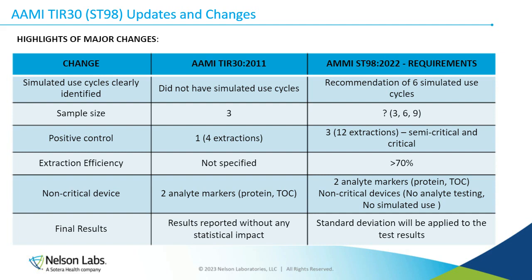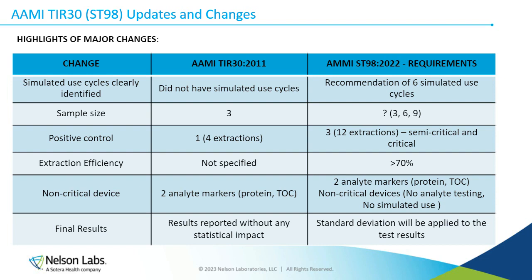It was the 2011 version, and simulated use didn't come out until 2015 when the FDA guidance document for labeling and validating of reusable medical devices was published. Once that was published, the words simulated use cycles came in, and that is something that was not there before but is now in SD98.